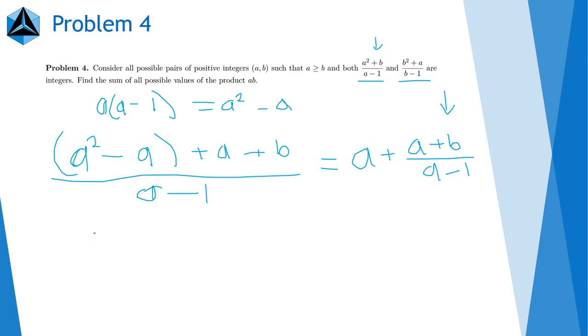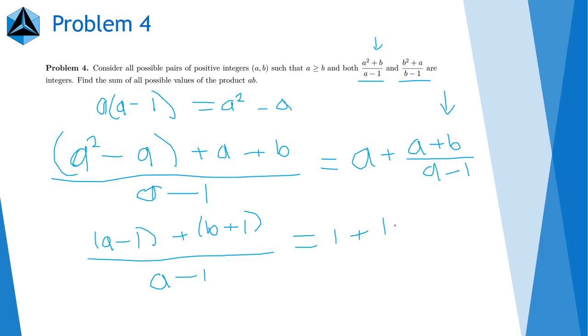So we can rewrite this as a minus 1 plus b plus 1, since the 1's cancel and our numerator is still equal to a plus b, all over a minus 1. Now, once again, this is equal to 1 plus (b plus 1) over (a minus 1). And we can disregard the 1 since if this whole thing's an integer, this part right here must be an integer as well. So we've brought this down to its simplest form, (b plus 1) over (a minus 1).